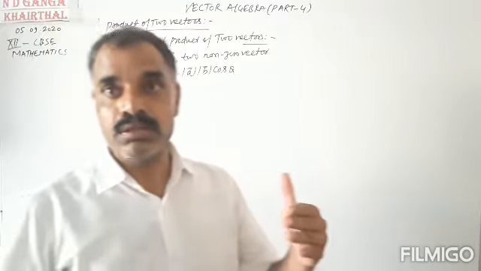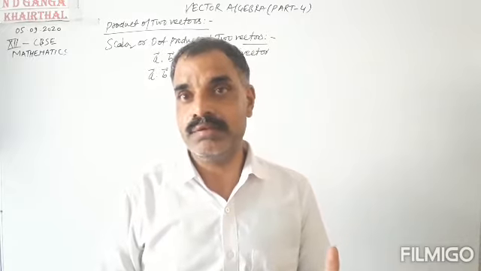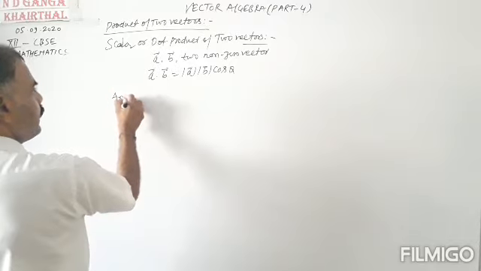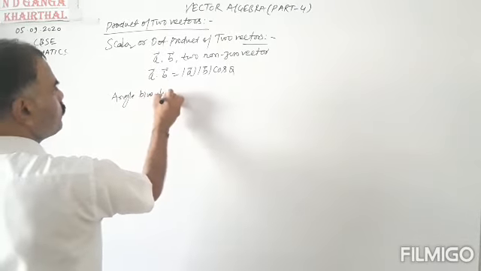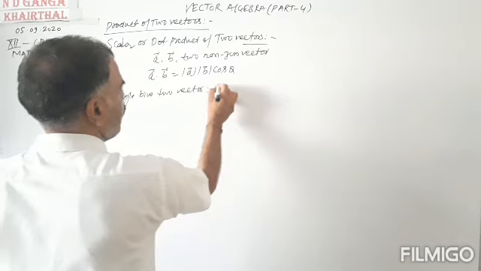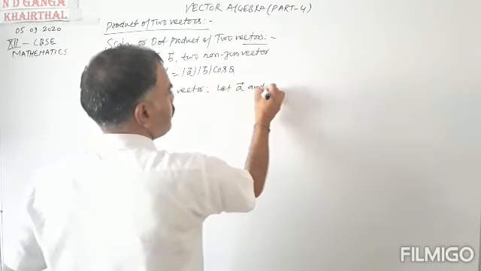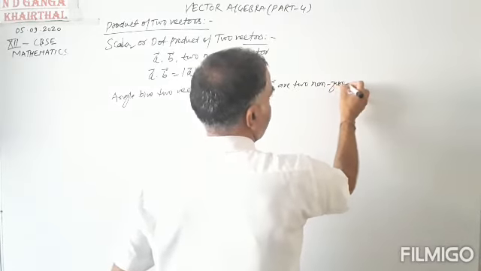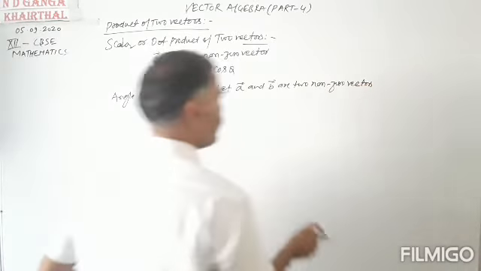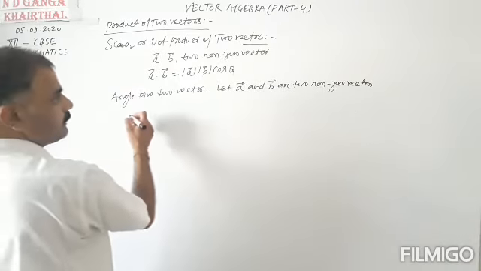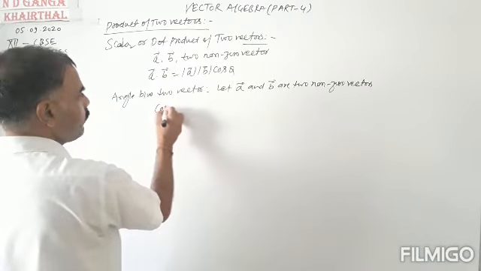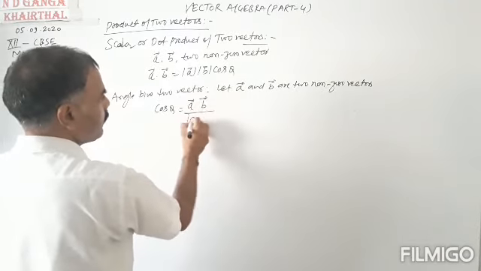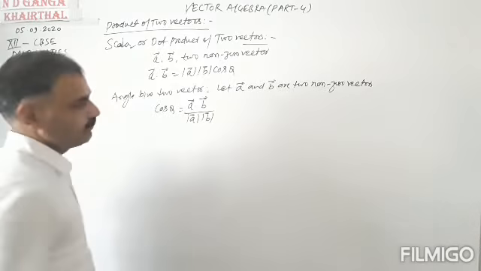Now we will discuss the angle between two vectors. Let a vector and b vector be two non-zero vectors. Then cos theta equals a vector dot b vector divided by magnitude of a vector, magnitude of b vector.